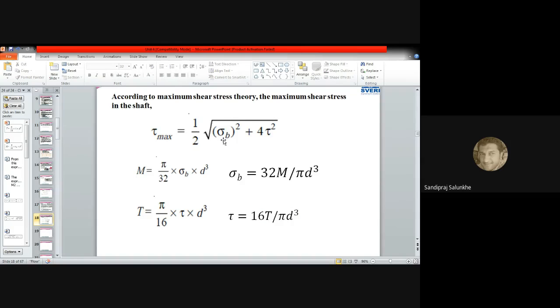Now these two values, the value of sigma b and tau, we have to put in this equation and we'll get the final equation. So what we can write?